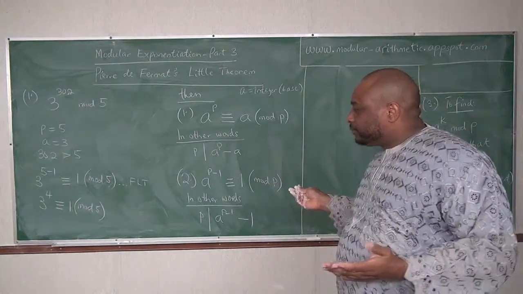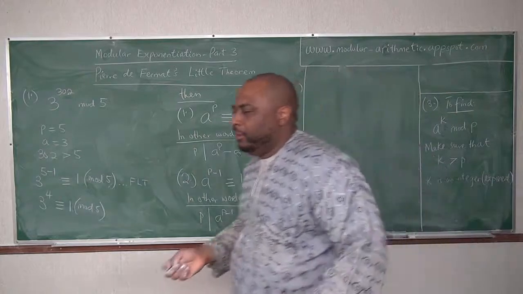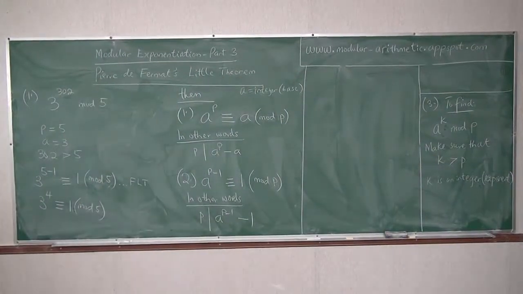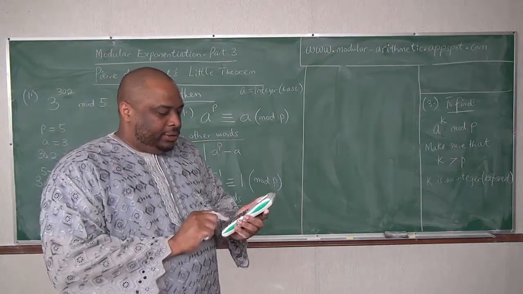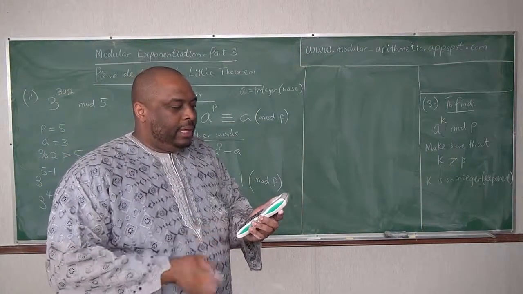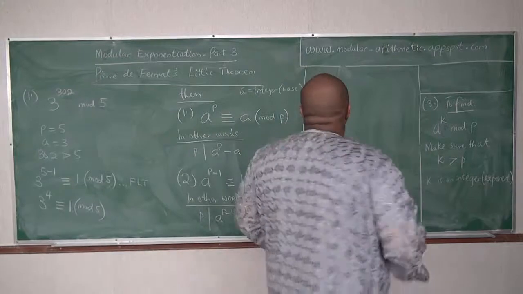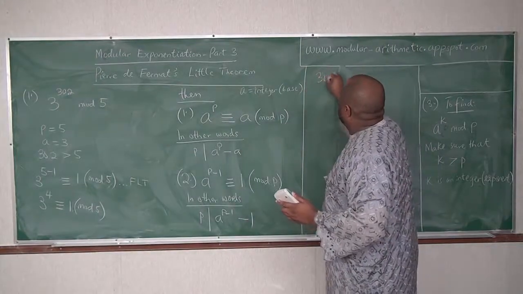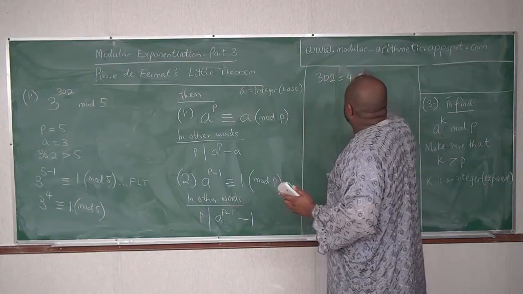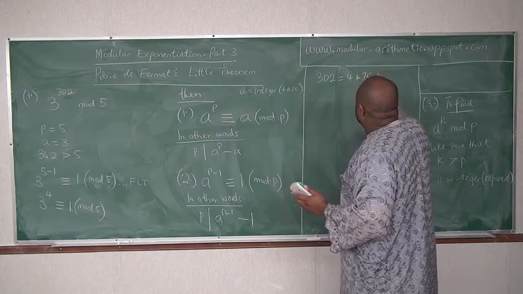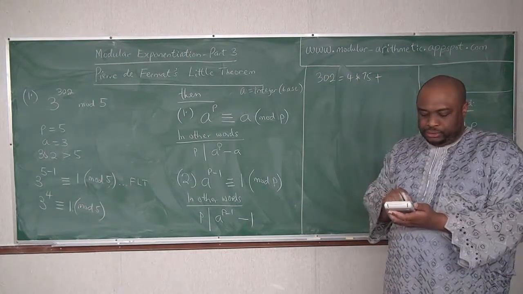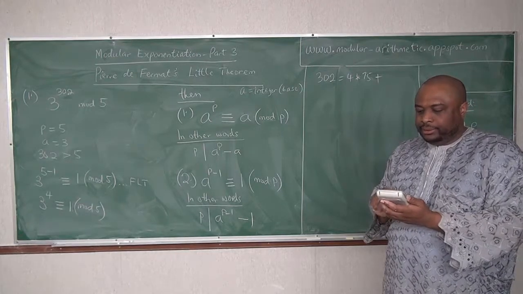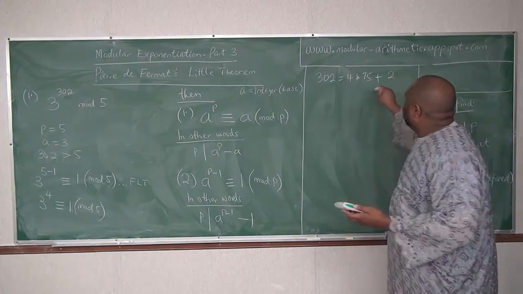Let me just use the calculator here to save time. 302 divided by 4 gives me 75.5. So 302 is equal to 4 times 75 plus, now that 0.5 times 4 gives me 2, plus 2.